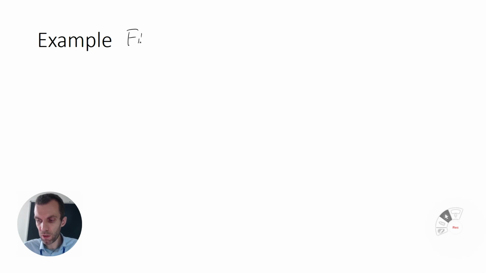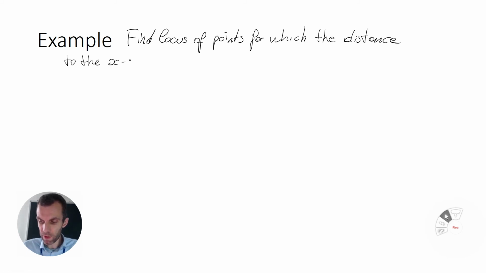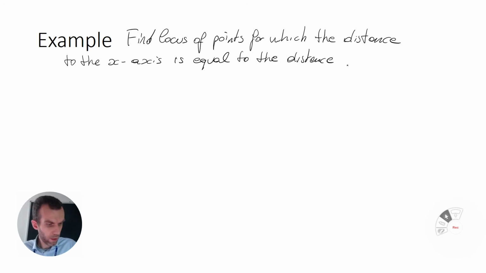So what we want to do here is find the locus of points for which, and now our condition follows, the distance to the x-axis is equal to the distance to the point (0, 1).